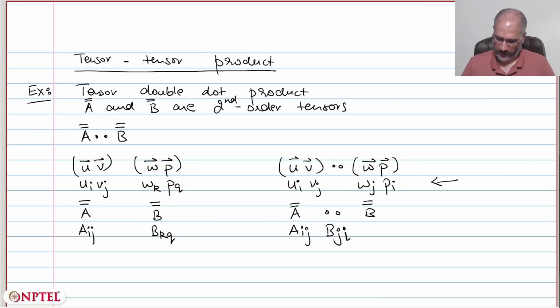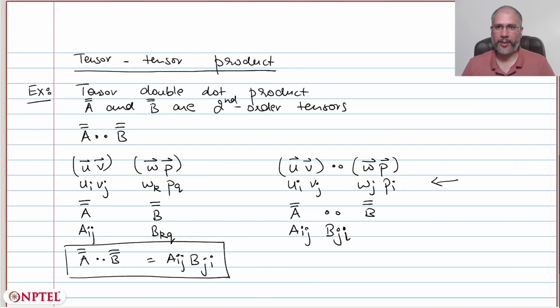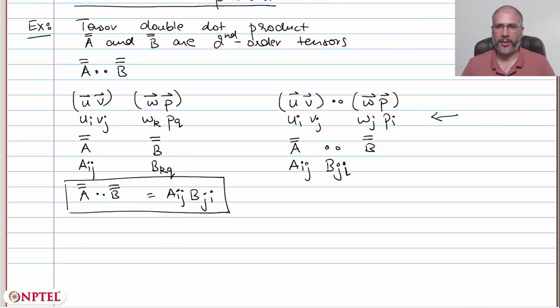So we can say that the horizontal double dot of A and B is given as Aij Bji. It's very analogous to what we had in dyads. Similarly, the expression for the vertical double dot, A vertical double dot B, is Aij Bij.